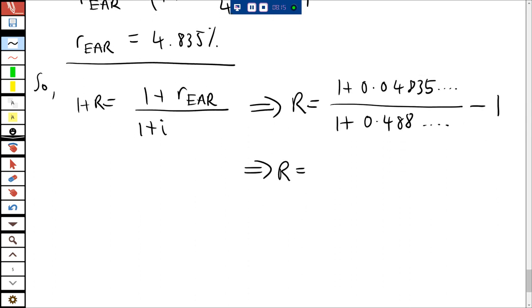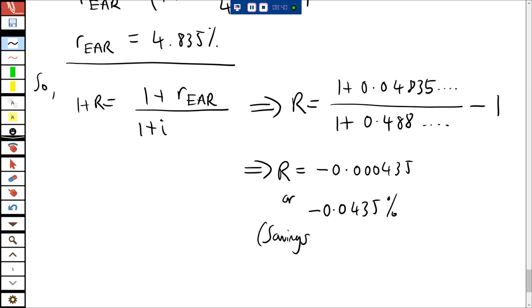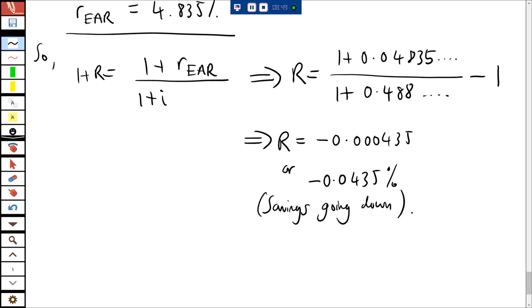Okay, using the exact numbers in the calculator, we get a real rate of interest of negative 0.000435, or negative 0.0435%. So in fact, your savings are effectively going down due to rising inflation and interest not keeping up. So there you go. There's the solution to this final problem.